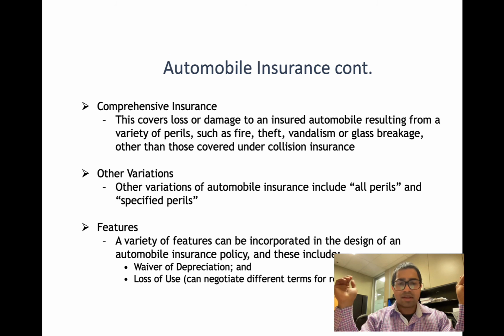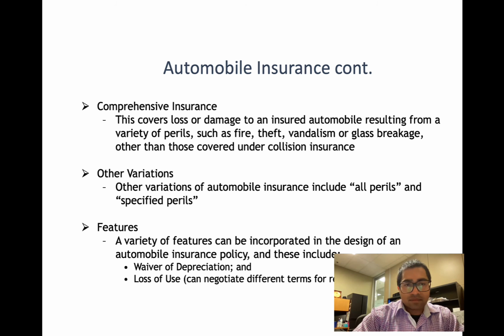For example, hail damage or someone stealing your car. Those things are not covered under collision coverage. So if you get a policy with only collision coverage and someone steals your car, that will not be covered. If you get a comprehensive policy, then someone stealing your car is also covered.